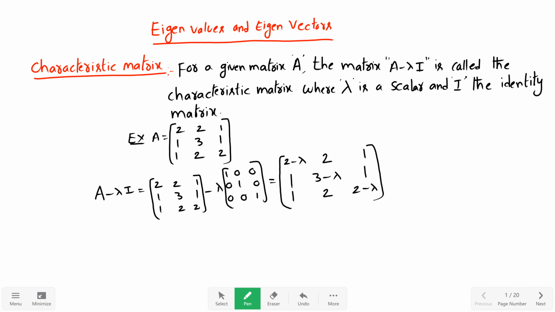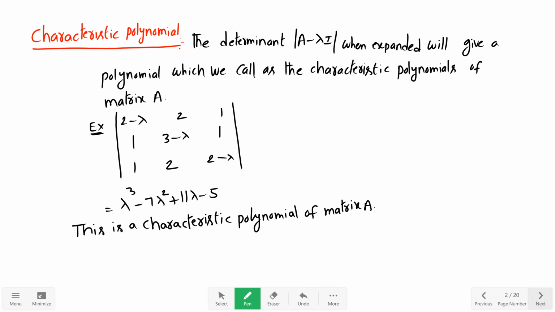First row completed. Second row 1, 3 minus lambda, 1, and third row 1, 2, 2 minus lambda. This matrix is the characteristic matrix: first row 2 minus lambda, 2, 1, second row 1, 3 minus lambda, 1, and third row 1, 2, 2 minus lambda.